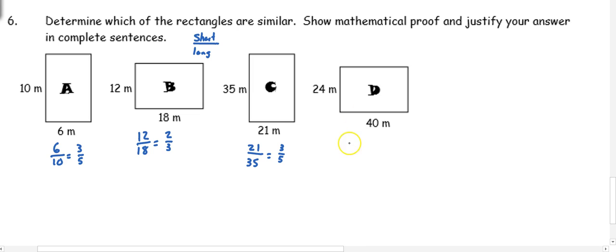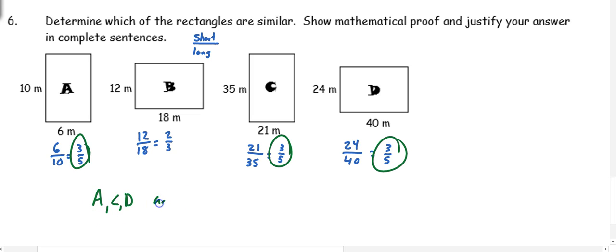D, my shorter side is 24, my longest side is 40, and this reduces to 3/5. So if I look at my ratios, I notice that A, C, and D all reduce to the same thing, so those are going to be similar. So we would say that A, C, and D are similar because the sides are proportional.